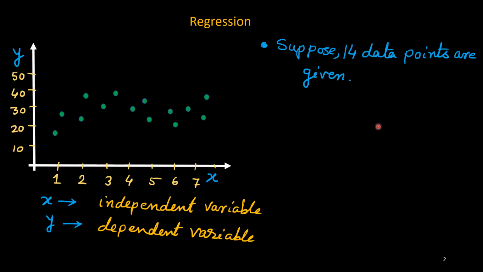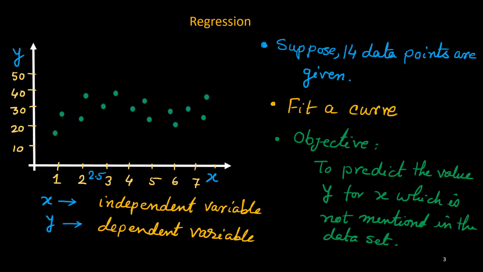Now we'll start from the basic concept of regression. Here we have considered 14 data points where x is the independent variable and y is the dependent variable. Now we'll try to fit a curve through these points, and the primary objective is to predict the value of y for a value of x which is not mentioned in this data set.